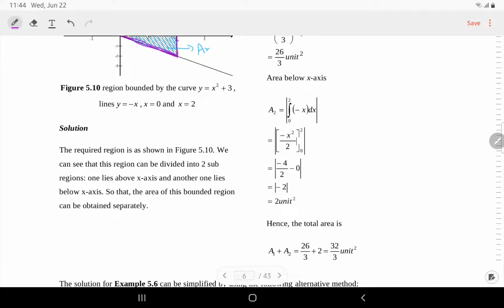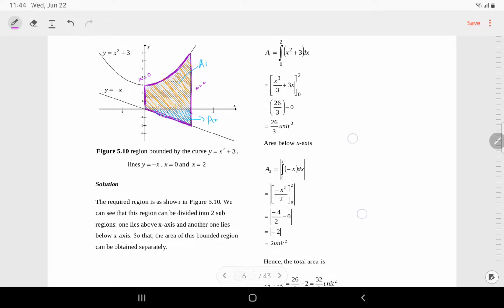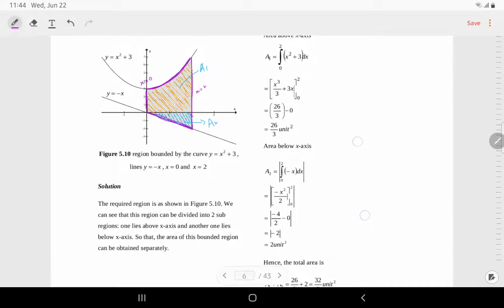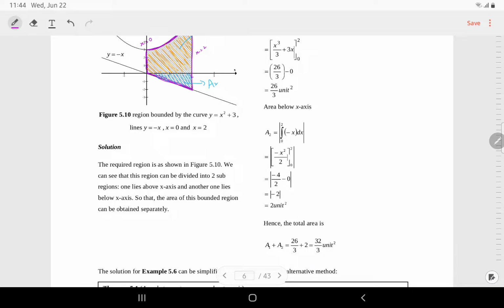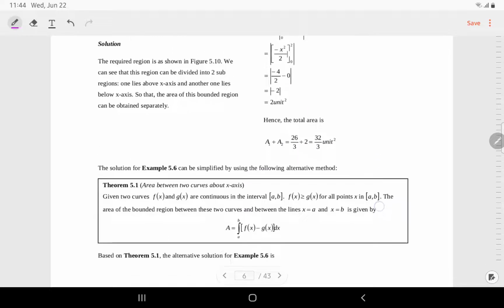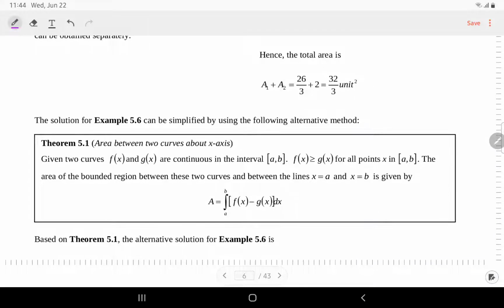Okay, actually this solution can be simplified, sebab kita tengok solution yang ni dia bahagikan kepada dua subregion. Kena selesaikan A1, selesaikan A2 and then total up jawapan akhir. Tapi ada alternative solution. Kita boleh guna theorem 5.1 ni. 5.1 ni untuk formula area yang ada two curve about x-axis.